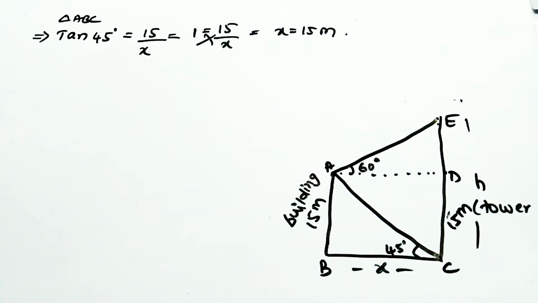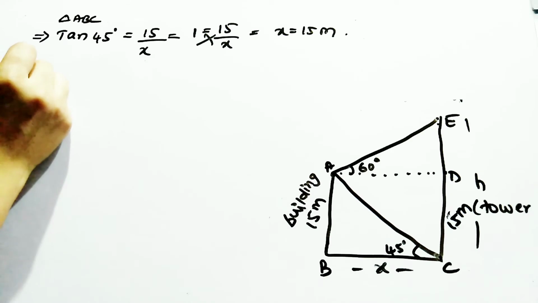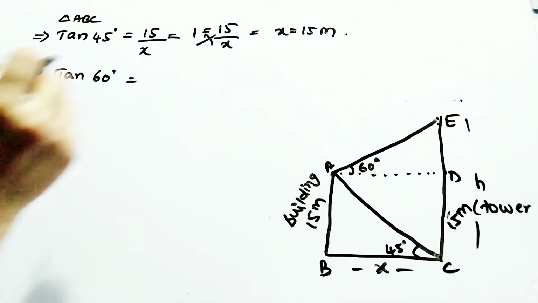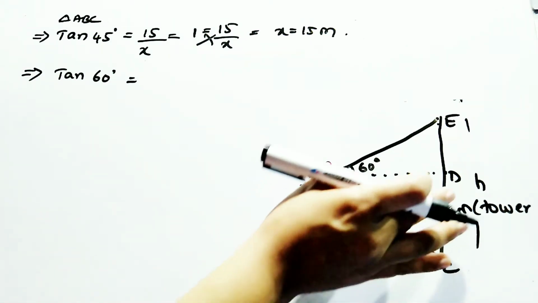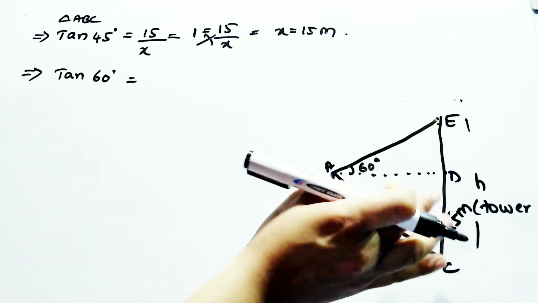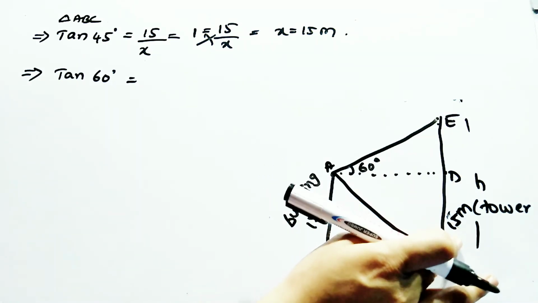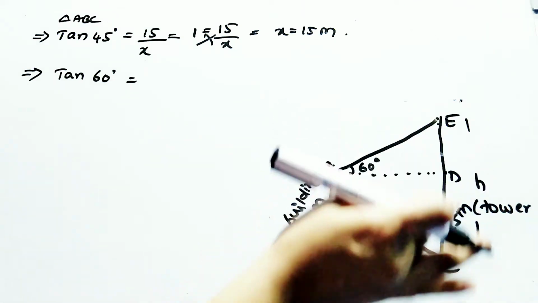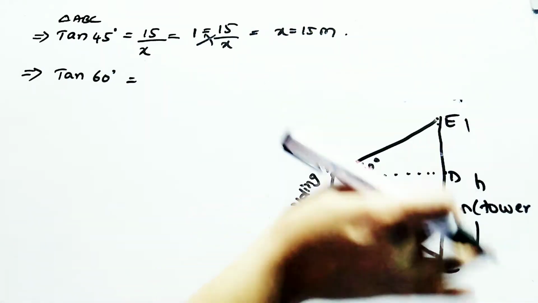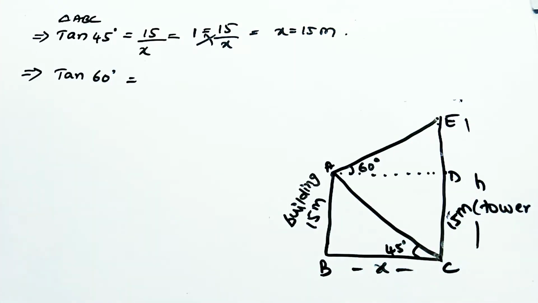Next we have to find out in triangle A, C and E. So we have to find tan 60. If you want to find the height of the tower, you have to deduct 15 meter from the total height, then only you will get the value. So we are taking H minus 15.